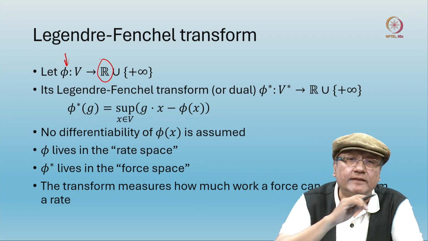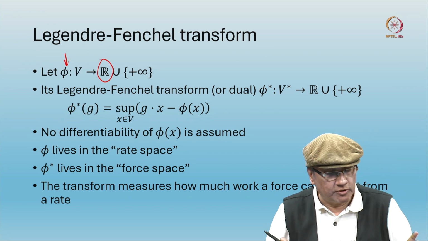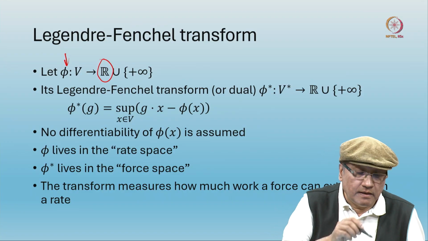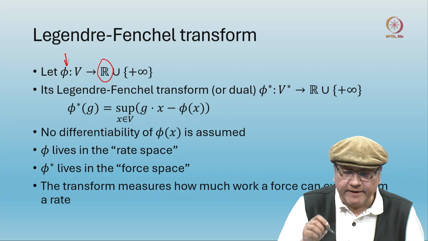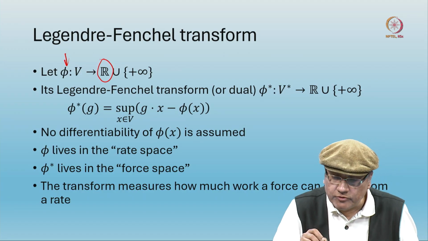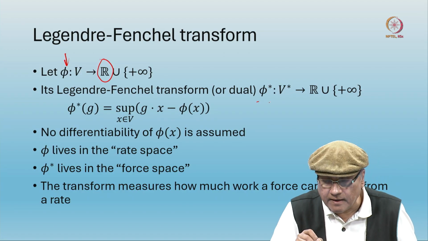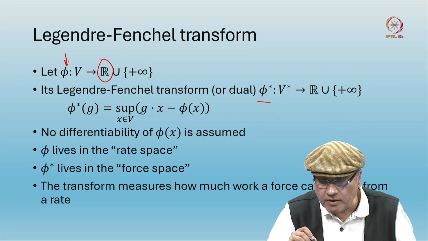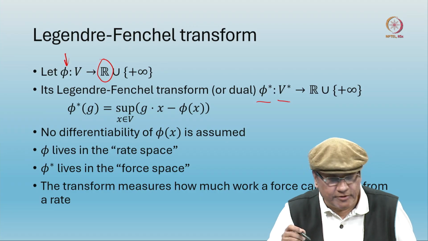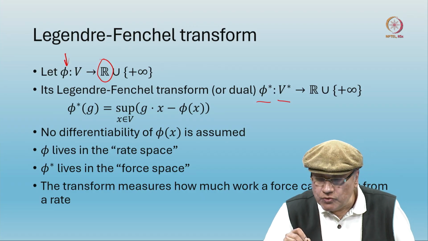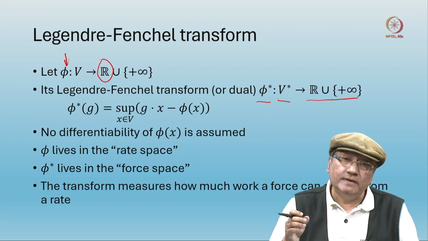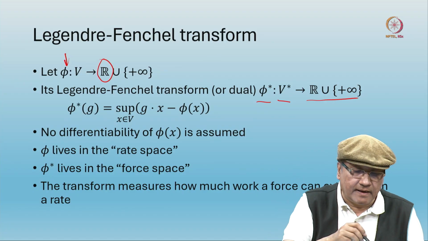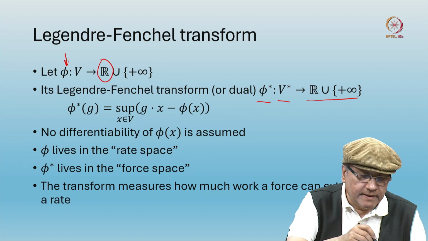Phi is a scalar valued function of vectors or tensors, whatever. Now, its Legendre-Fenchel dual or Legendre-Fenchel transform is phi star, which is a function from V star, the dual to V, to the real numbers, including plus infinity again.